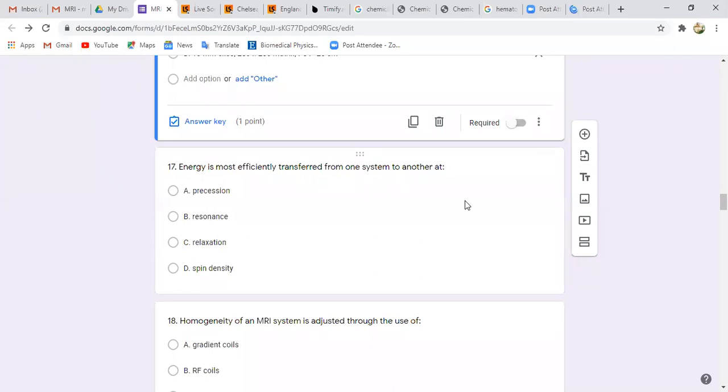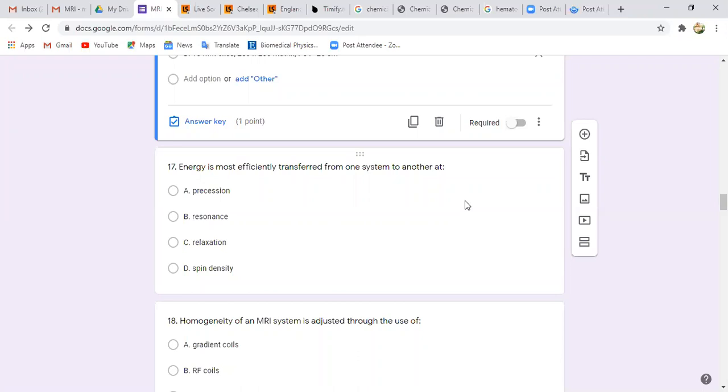It's resonance because when you apply the frequency pulse, you have efficiently transferred energy from one system to another. But during relaxation, you wouldn't have the full transfer of energy, because some transfer of energy will be in between the protons, whereas some will be from the protons to the surrounding tissue itself.